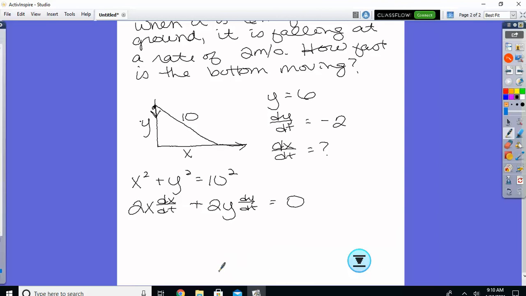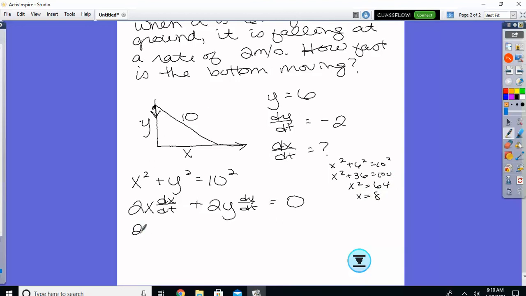Do I have everything I need to plug in here? What do I need? X. But we're looking for x at the instant when y was 6. So the x at that instant would be an 8.